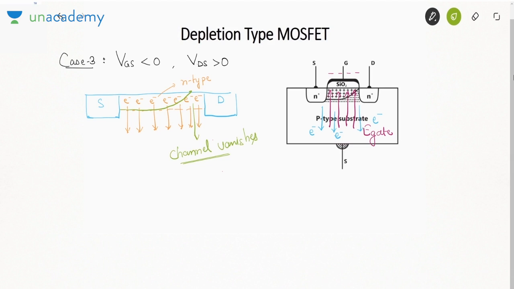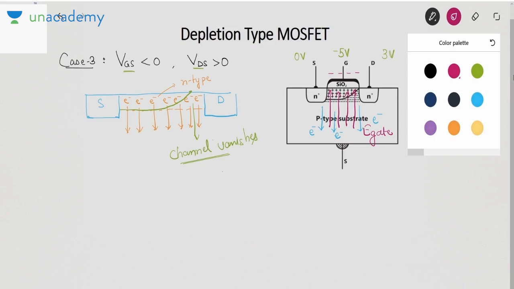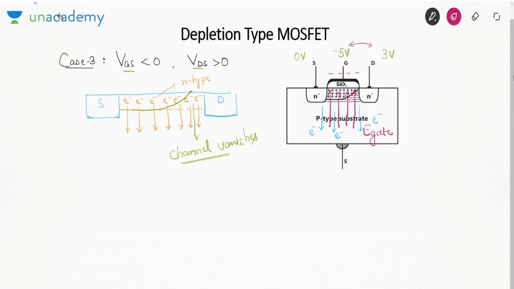For that you have to understand one thing. Suppose the source is at 0 volt. I have applied negative voltage at the gate. Suppose -5. Okay. But we have applied positive voltage at the drain. Suppose 3 volt. Now what is the difference between gate and drain? The difference is 8 volt. Difference between gate and source, 5 volt. So where we have applied higher voltage? Higher voltage difference exists near the drain.